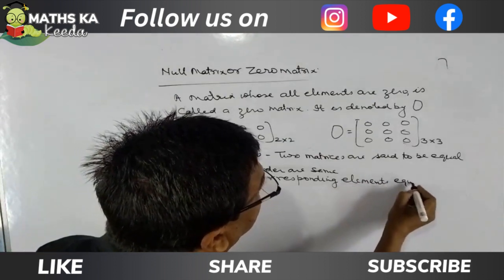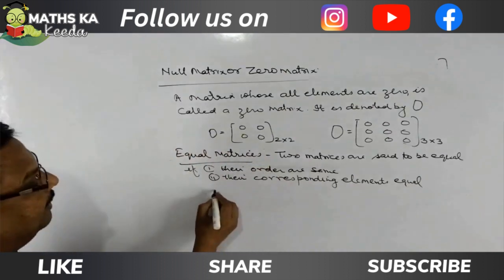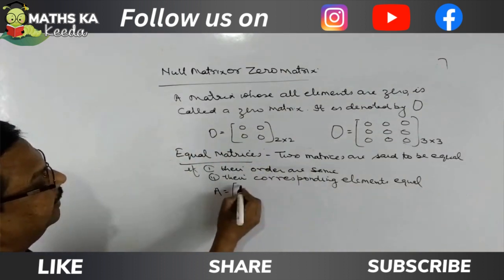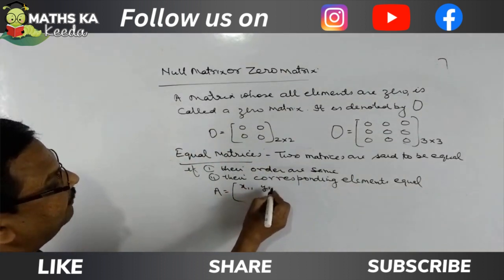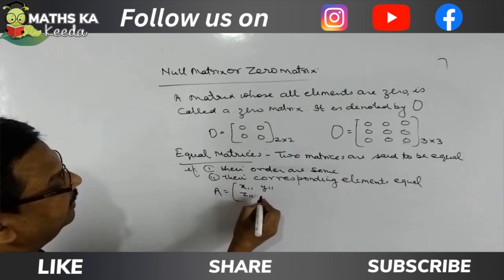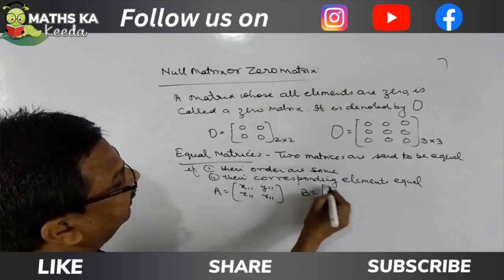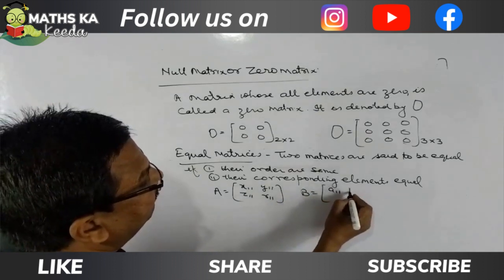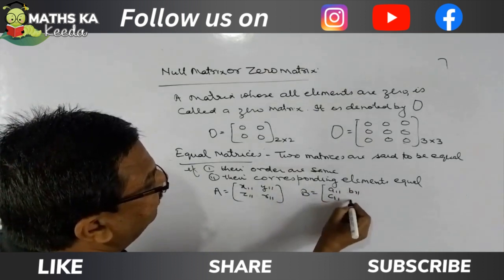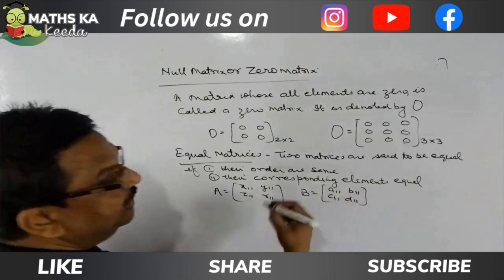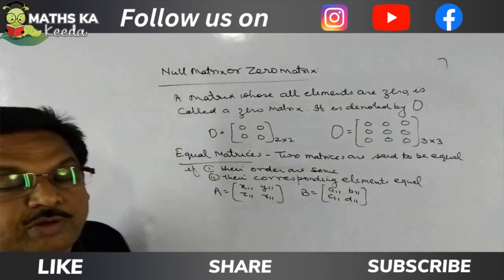Means, student, consider matrix A equal to x11, y11, z11 and r11, and matrix B equal to a11, b11, c11 and d11. These two matrices are equal. First of all, what will you check?